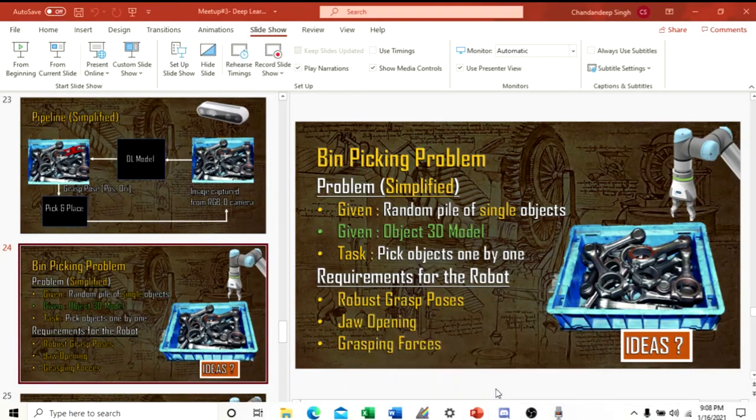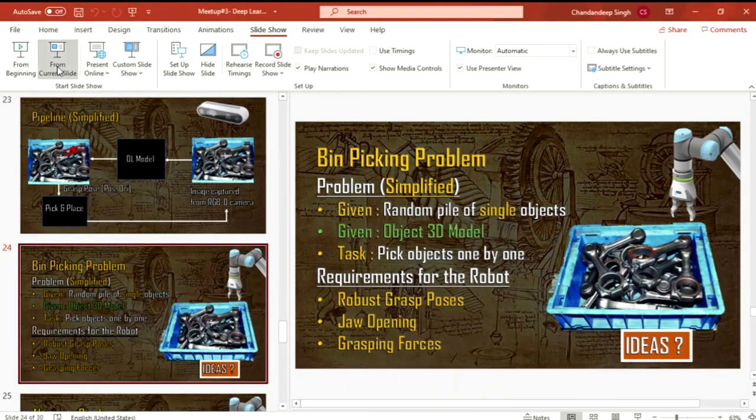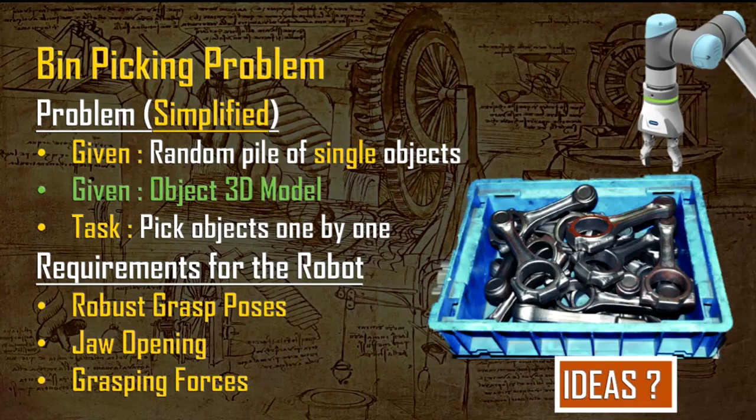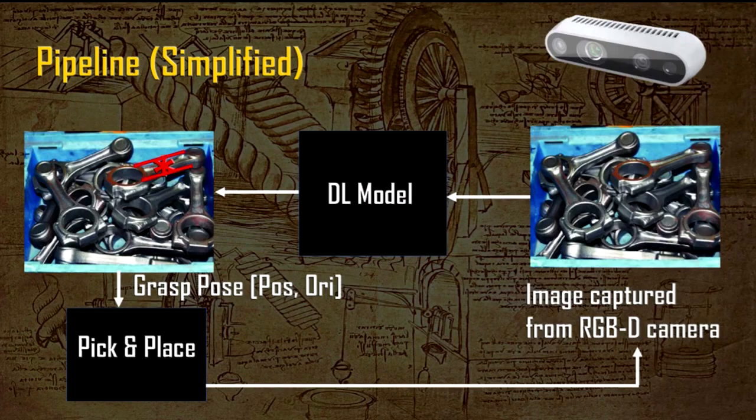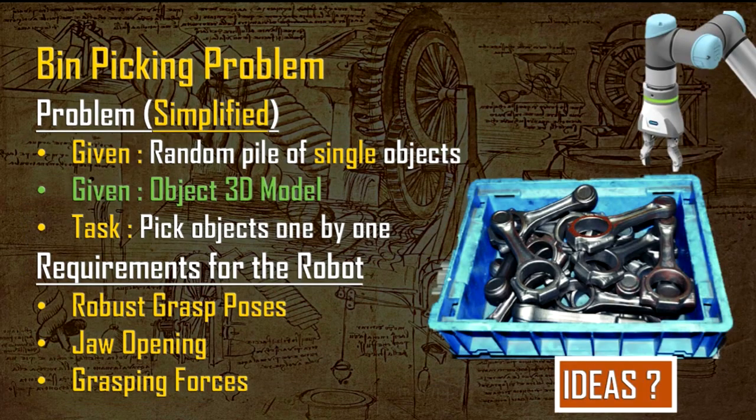Meanwhile, I can continue with the presentation. That's more or less how the deep learning system is working. I think the idea of it was clear, right? Calculating the grasp poses. To explain deep learning is a whole subject, and it would take some more sessions.